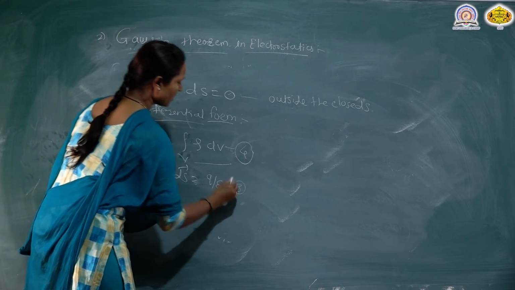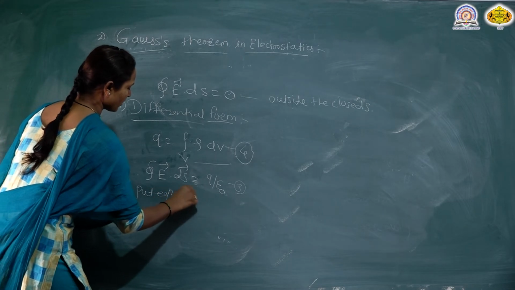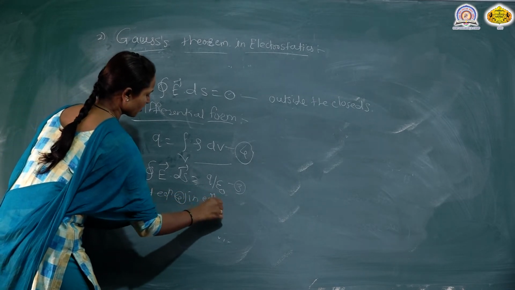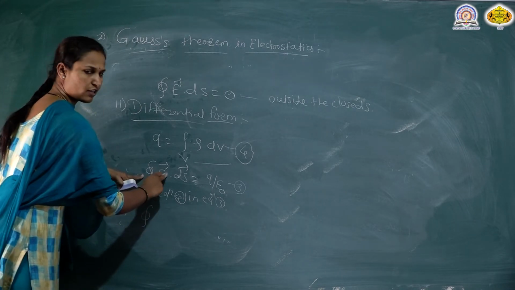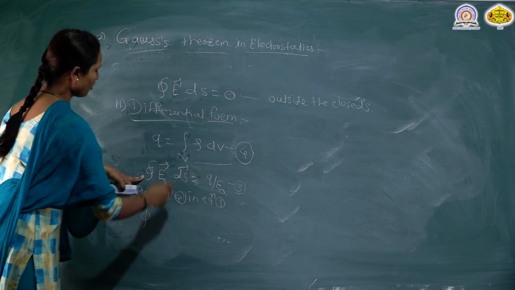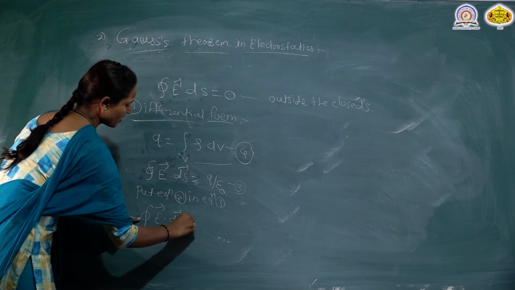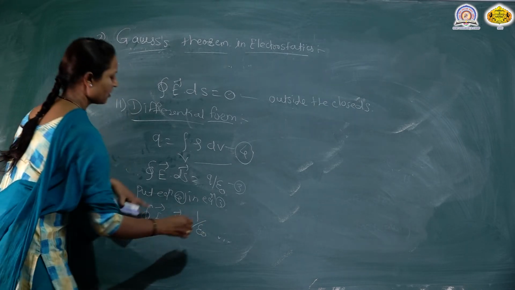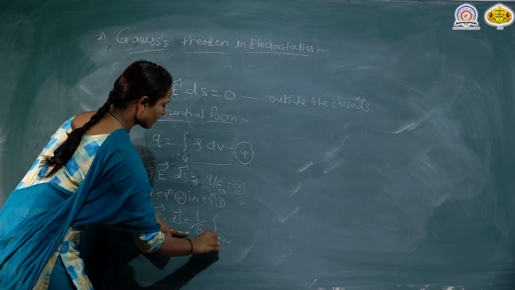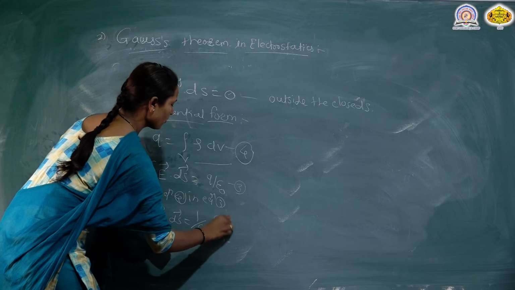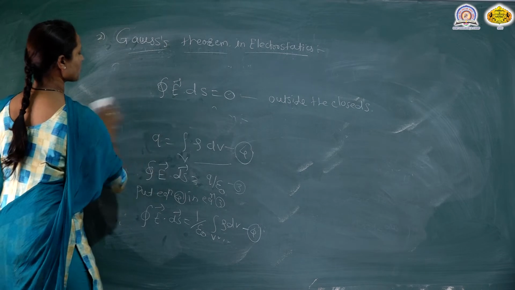Putting equation 4 in equation 3, the integral form of Gauss's law becomes the closed integral of E vector dot ds vector equals 1 upon epsilon naught times the integration of rho dV over the volume V.